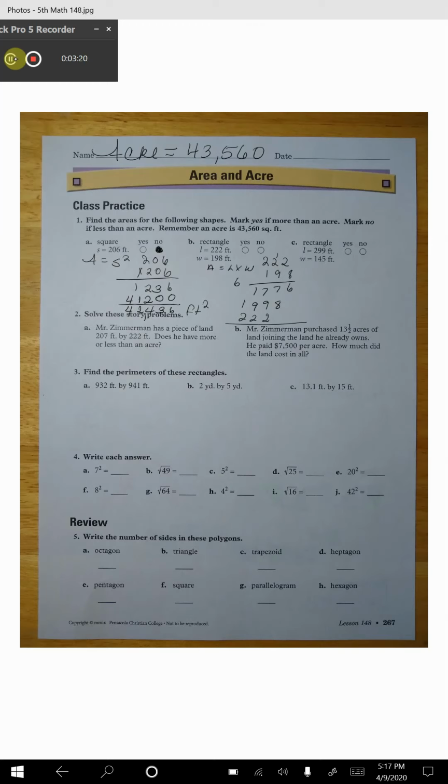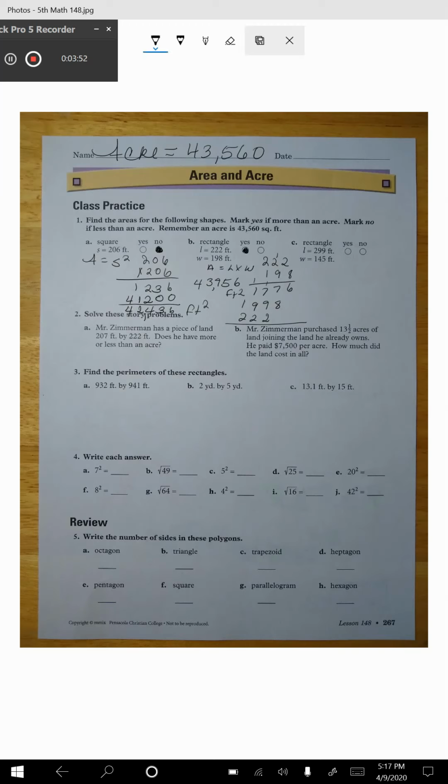So it's 6, 15, 10, 19, 10, 12, 13, 4. 43,956 I get. Is that what you get? And that is feet squared. Is that an acre? Yep, that's more than the number up above, 43,560.